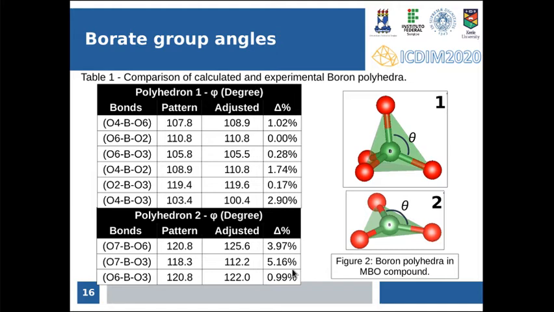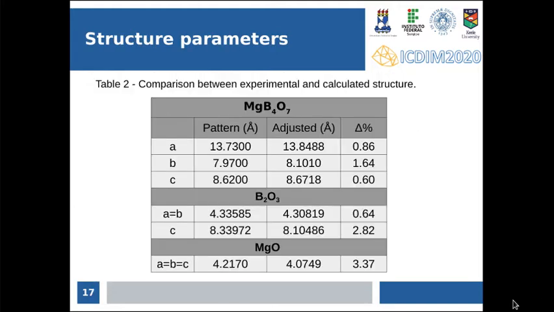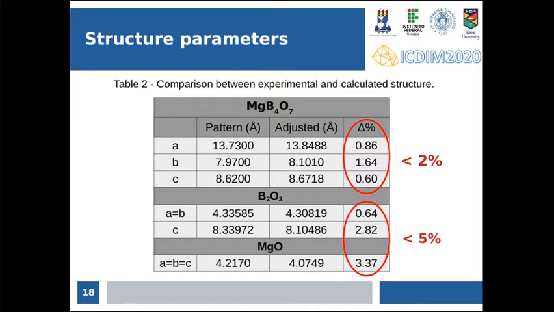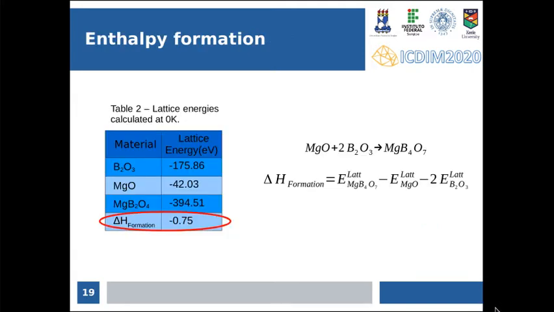And we can also reproduce the structure very well, less than 2% for MBO and less than 5% for precursor oxides. We also find a negative formation energy. That's confirmed.